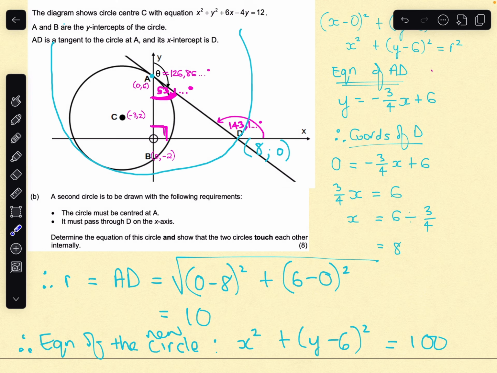I mean, that doesn't prove that it's the only point of intersection. It proves that it's a point of intersection. I guess logically you can just kind of see that there wouldn't be another point of intersection because this circle is smaller.